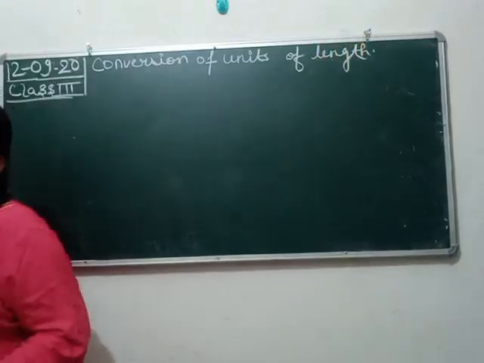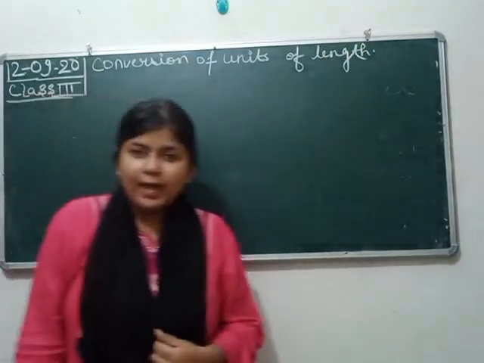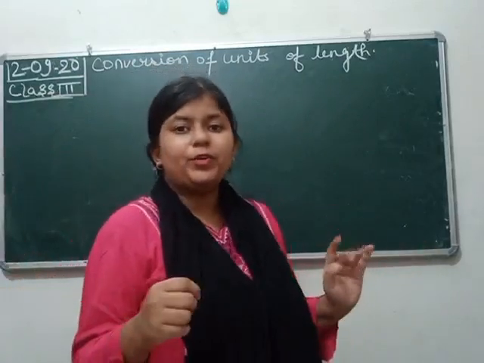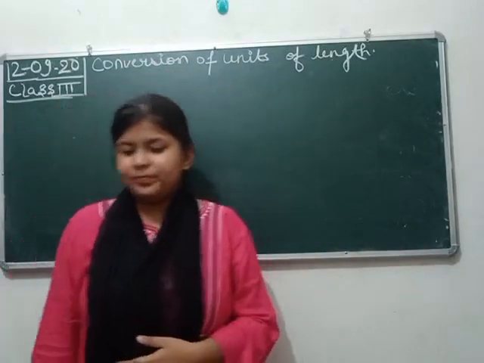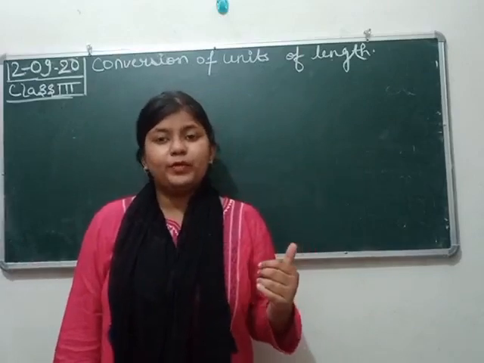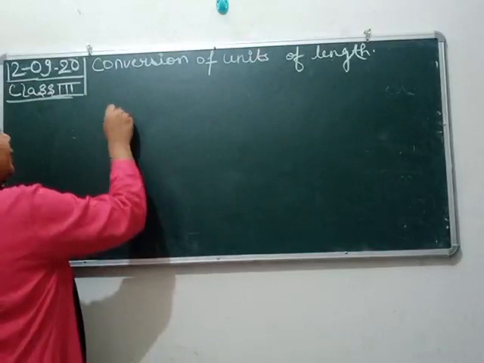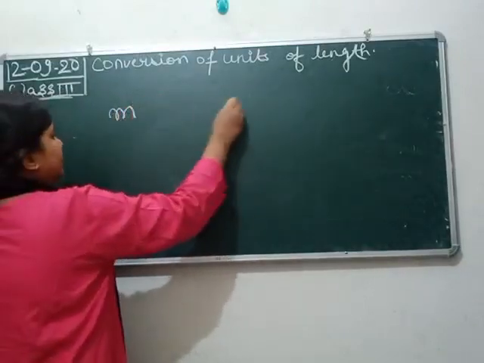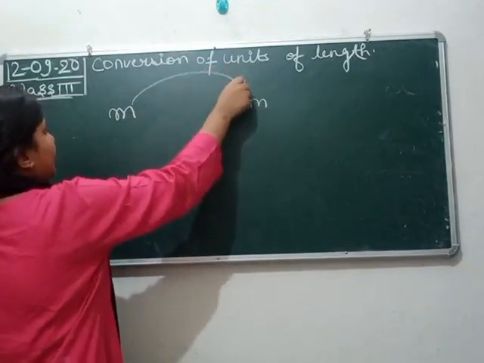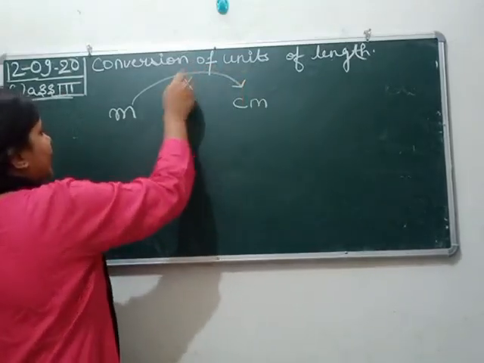Now, I have told you several times that whenever we convert from the bigger unit to the smaller unit, we multiply. If I have to convert from meter to centimeter, I have to multiply.